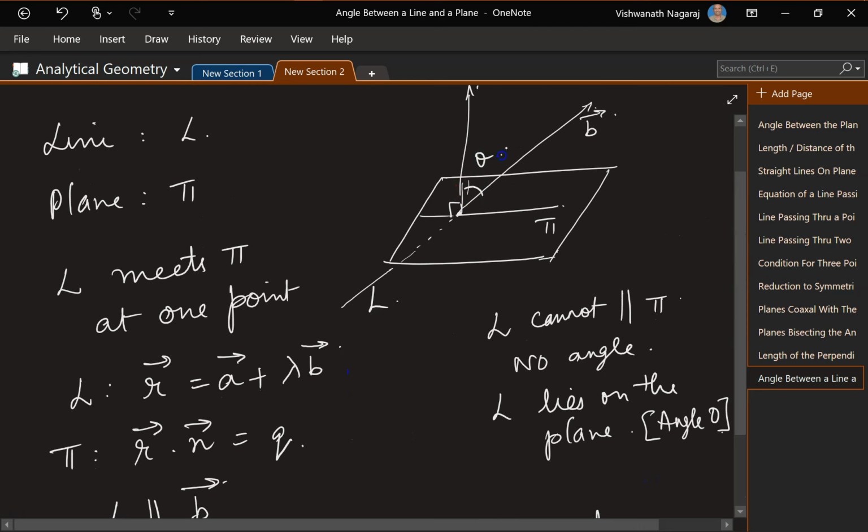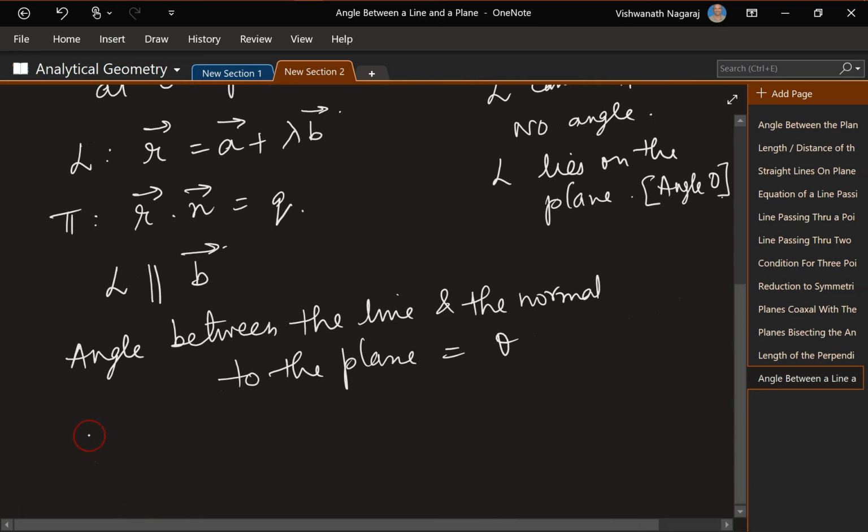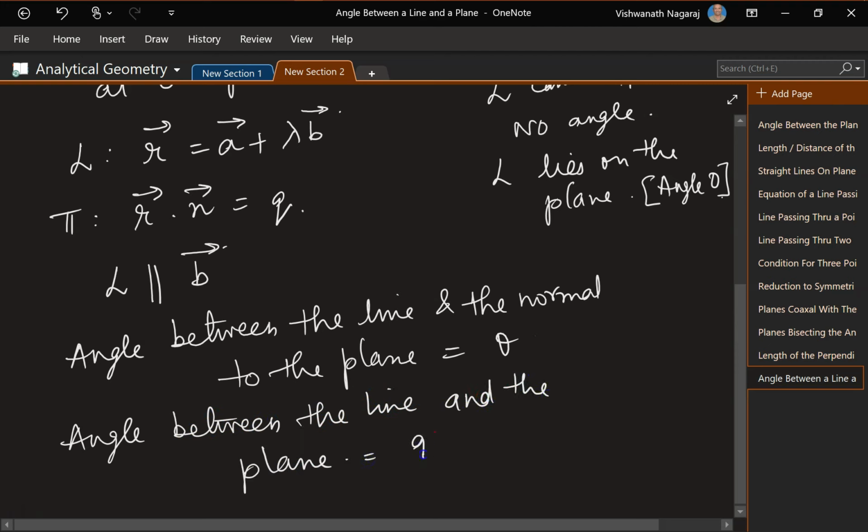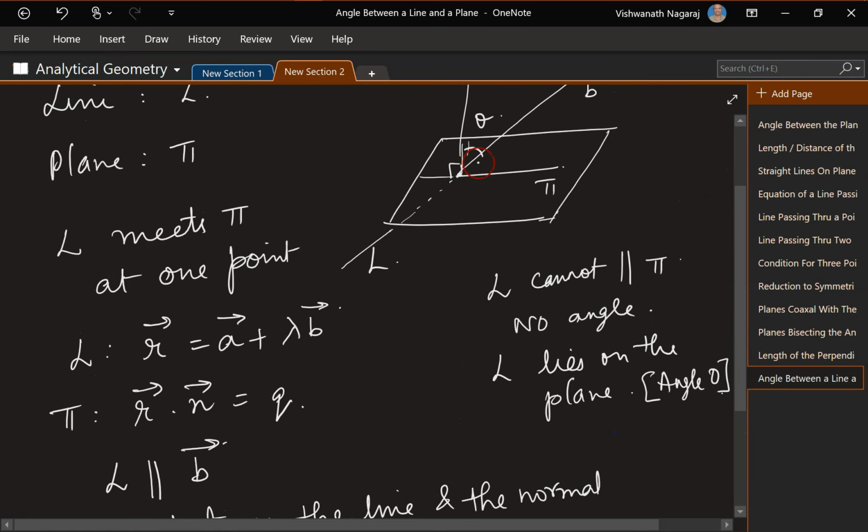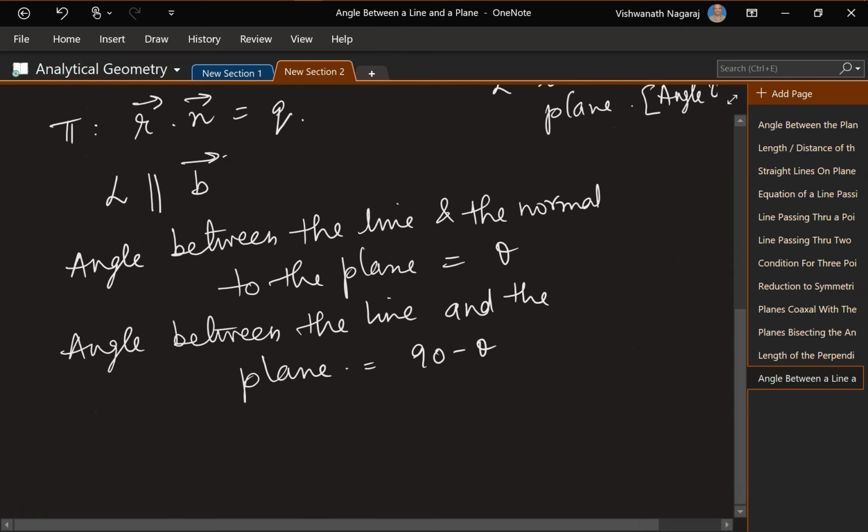So this is theta, which means the angle between the line and the plane would be 90 minus theta. Quite straightforward. This is perpendicular, which means 90 degrees. So 90 minus theta. Now let us say this angle is phi.